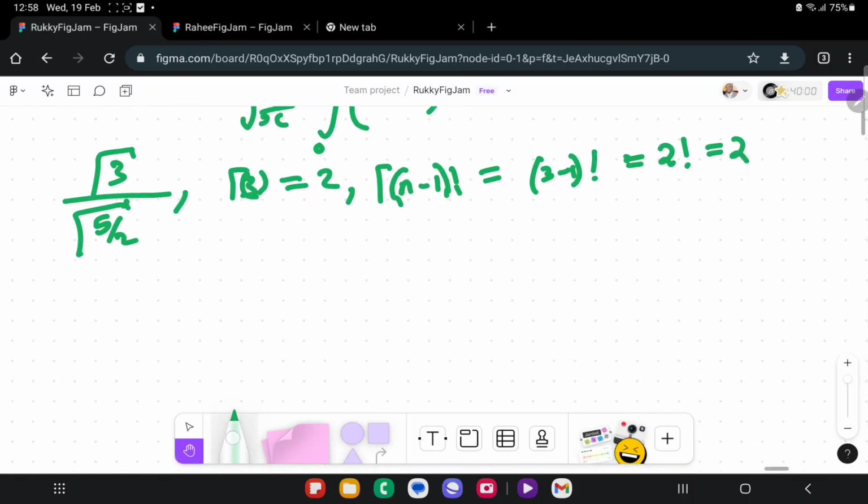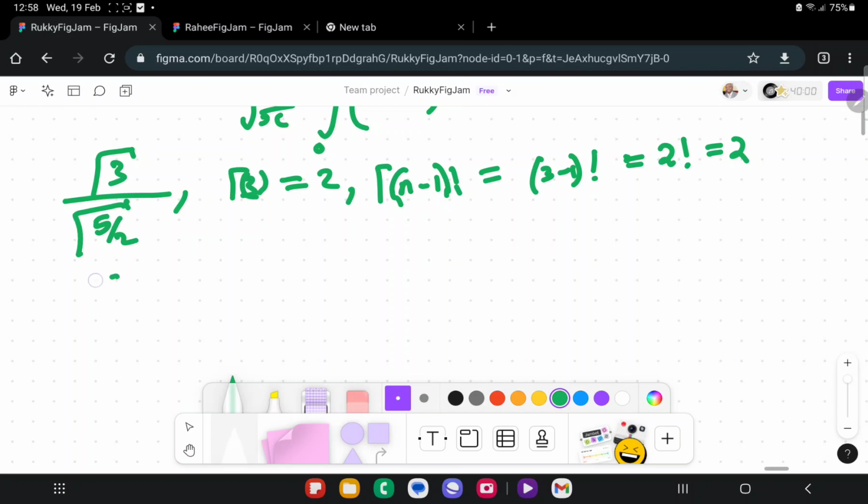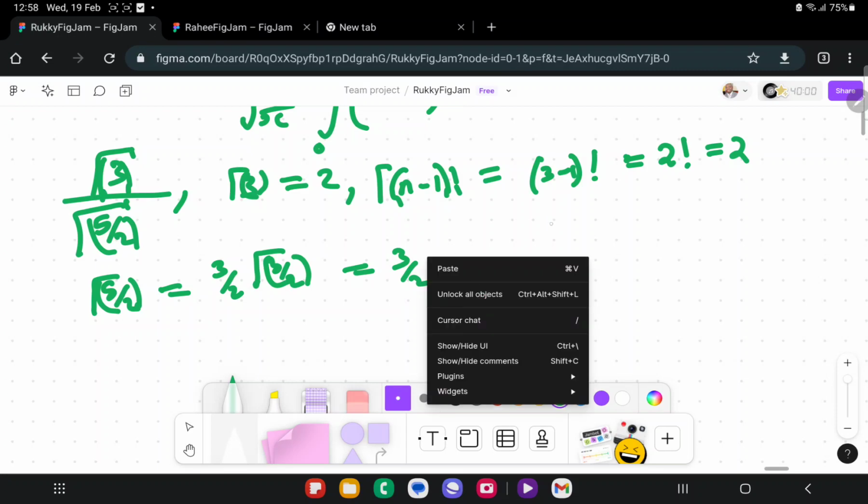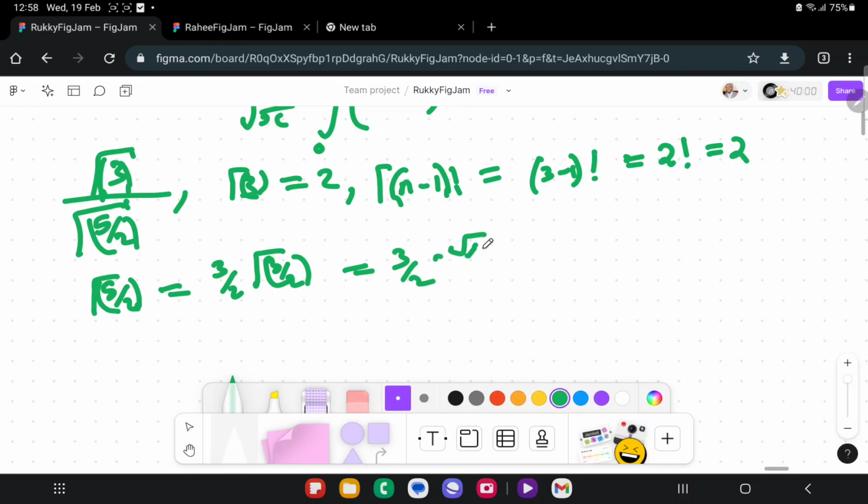So I think you need to revisit the gamma function. And here we also have the gamma of 5 over 2. Gamma of 5 over 2 can be given as 3 over 2 times the gamma of 3 over 2, which is now equal to 3 over 2 multiplied by the square root of pi over 2, which will eventually give us 3 times the square root of pi over 4.